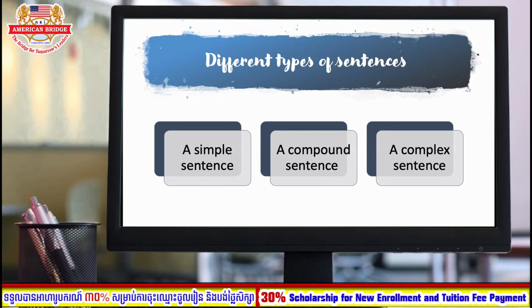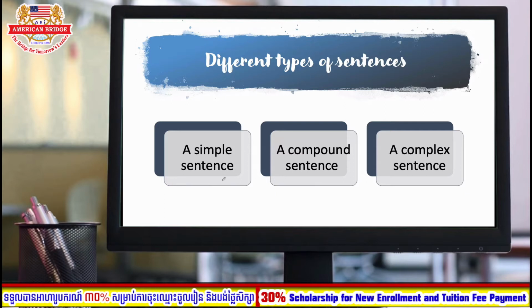However, there is one more type of sentence, which is a compound-complex sentence. But the main idea is just a mix of the compound sentence and the complex sentence. So to understand those, you need to understand these three main types of sentences.